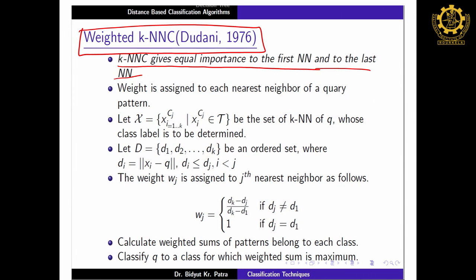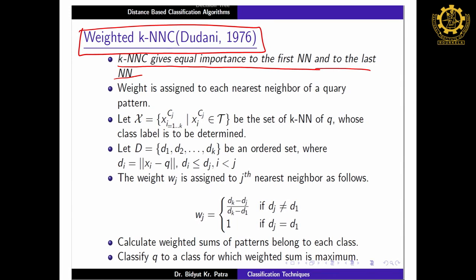You say all are my close friends, but you are not giving equal importance to all of them. Similarly, here the object has k nearest neighbors, but you should give more importance to the object that is close to the unseen object, and within the k nearest neighbors, the objects that are far, though they are neighbors, you give less importance. That is the basic idea of the weighted KNNC.